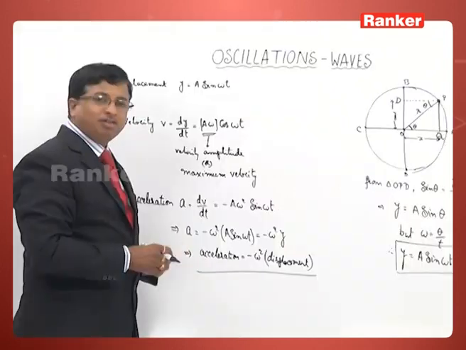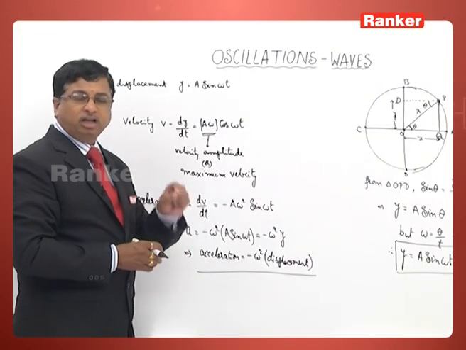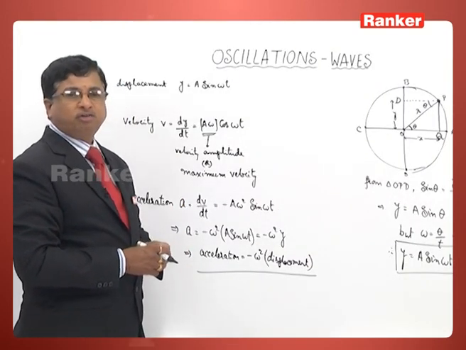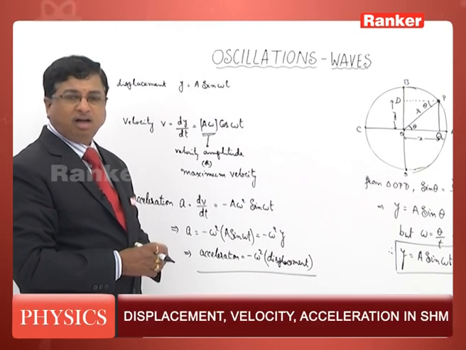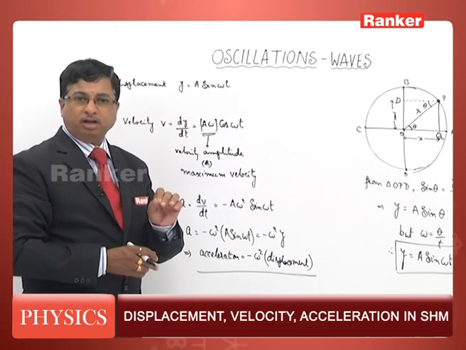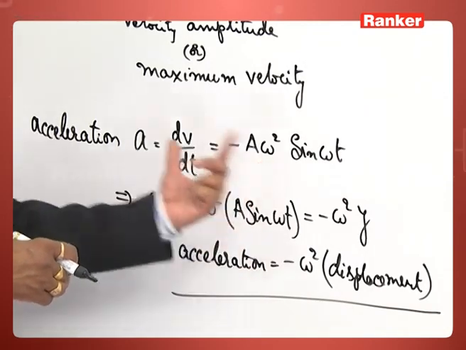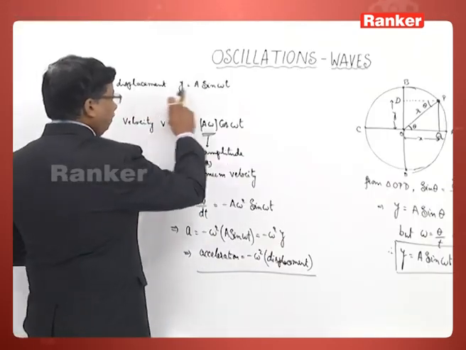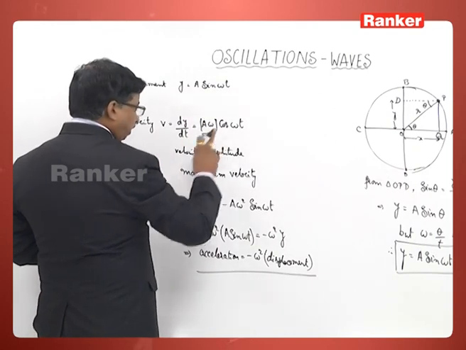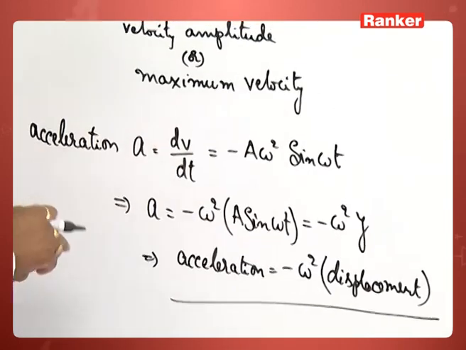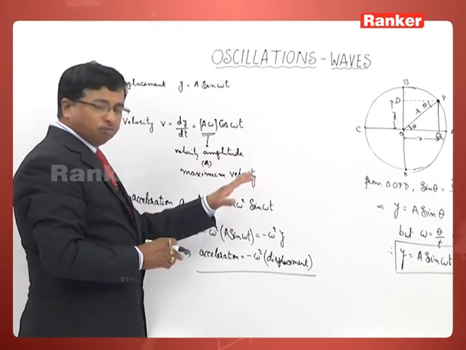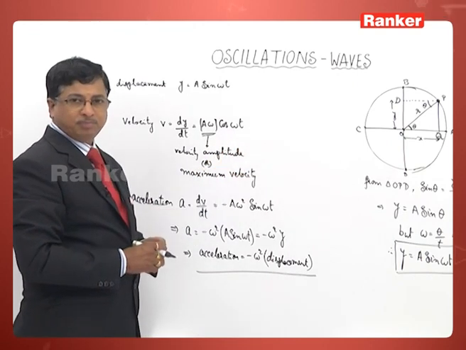And what is the constant of proportionality there? It is omega square, which of course we can call angular frequency squared. That is the concept. So this is the ultimate equation we have to remember, and this displacement equation, velocity equation and acceleration equation of different waves we have to remember.